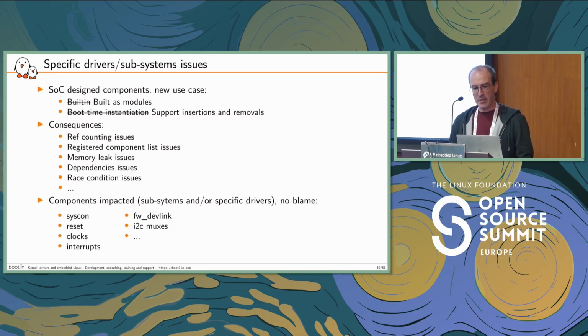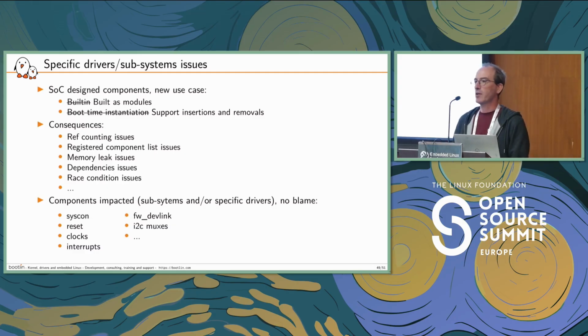I still have some pending with firmware devlink. I have a series currently being discussed upstream. I detected some on I2C, I2C mux. And in all cases, we take the issue one by one, try to observe what happened, fix it, push the fix upstream, and so on.